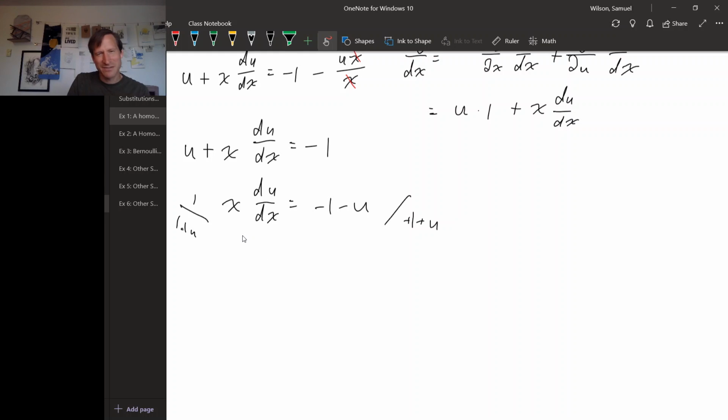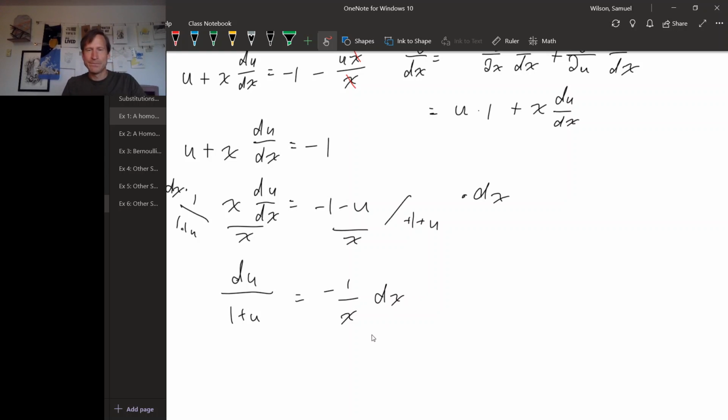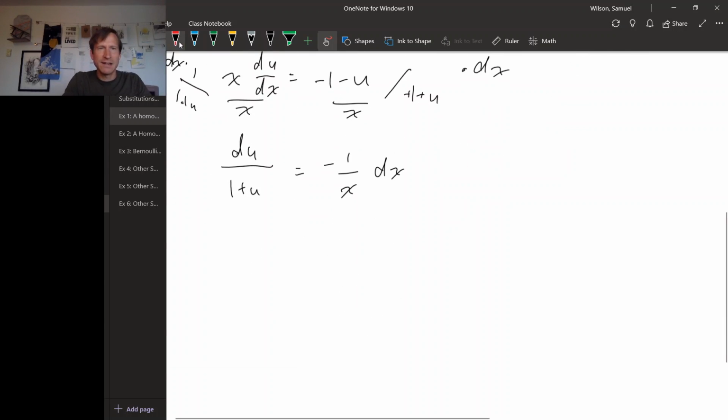Also, we're going to have to divide both sides by x and multiply both sides by dx. Okay, so on the left, I made a bit of a mess of it, but it's du over 1 plus u. And on the right, we have minus 1 over x times dx. All right, and now that we have separated, we can integrate.